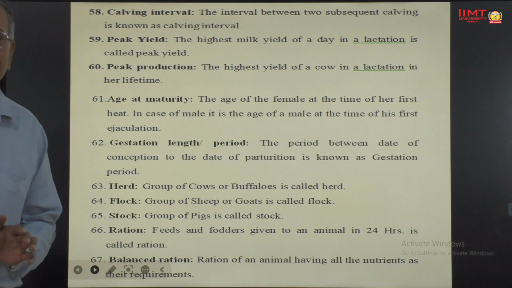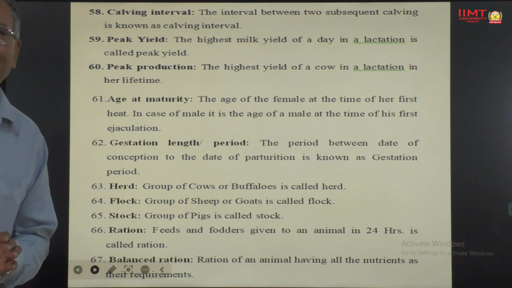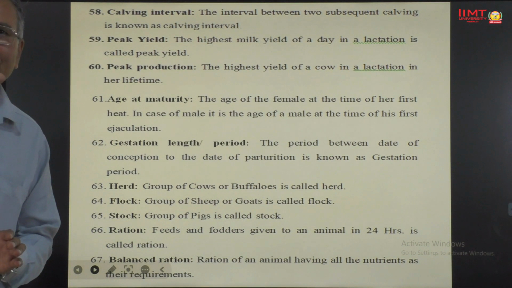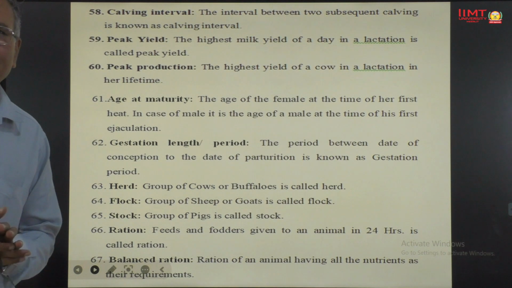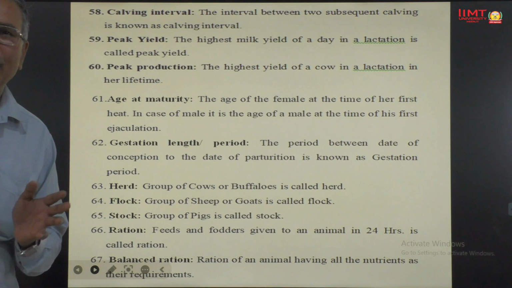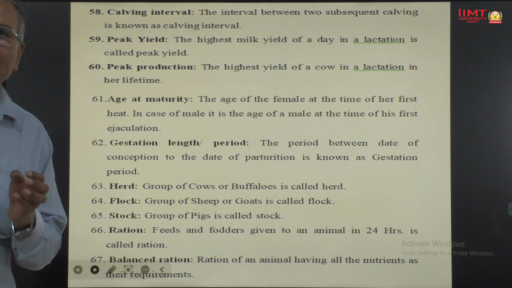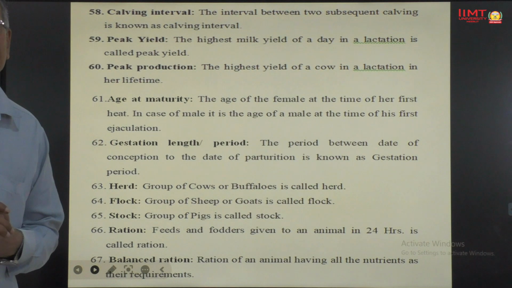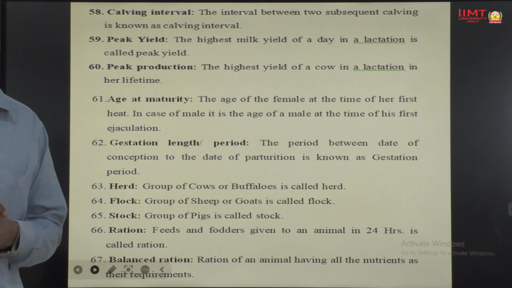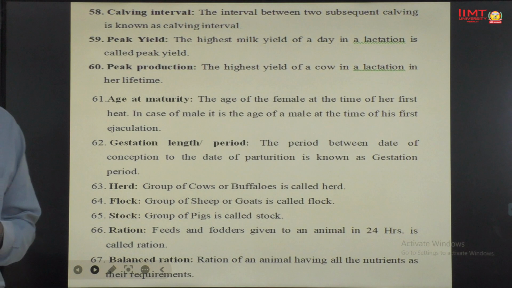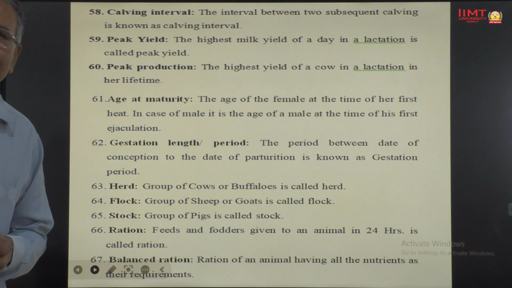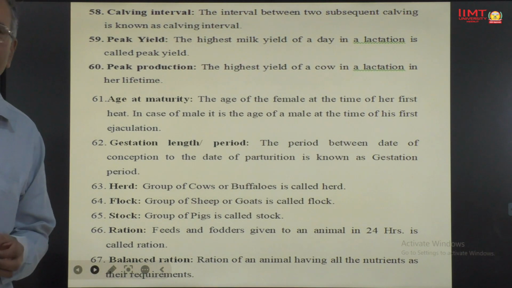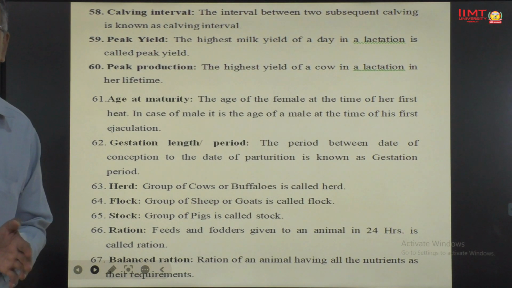The period between the date of conception and the date of calving is known as gestation period, or the period for which a female carries a fetus. In case of cow, the gestation period is 270 plus minus 10 days, and in case of buffalo it is 300 plus minus 10 days.